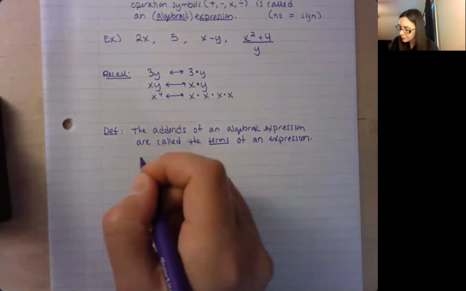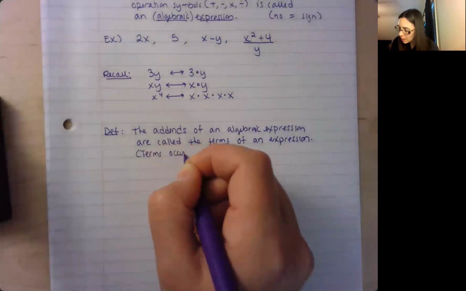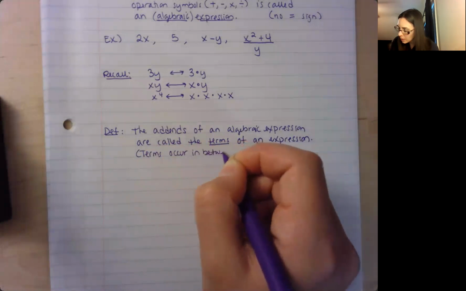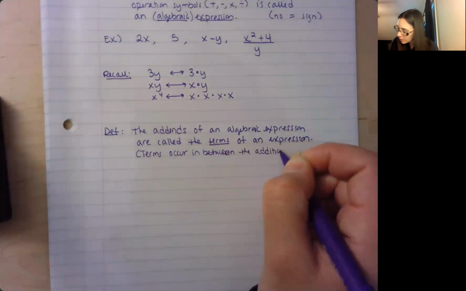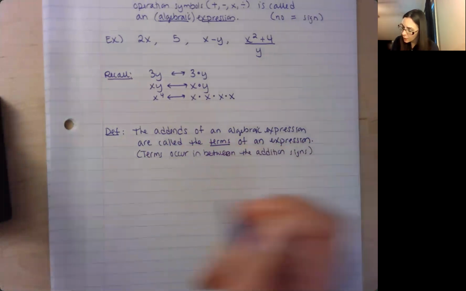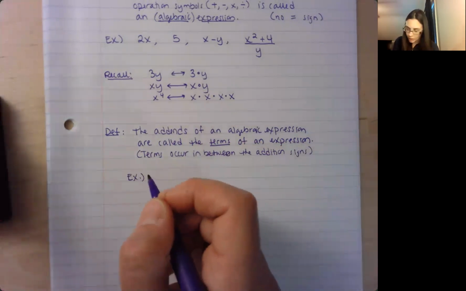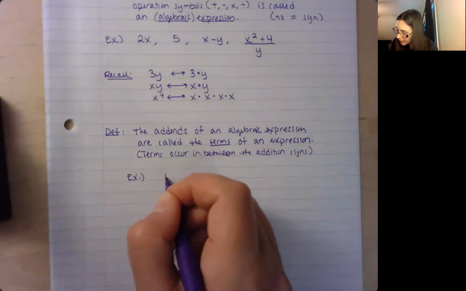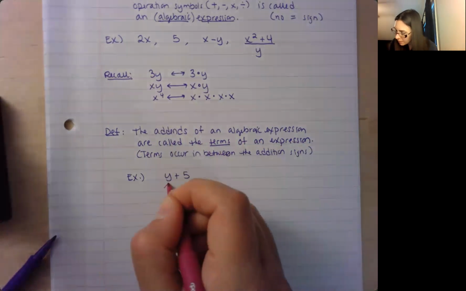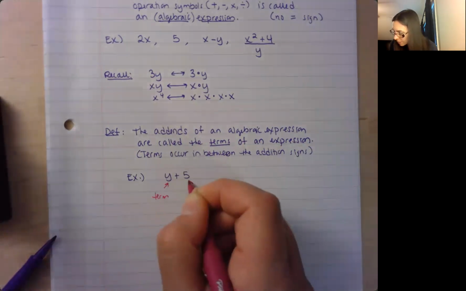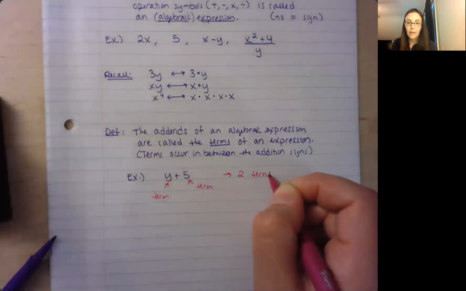So basically, terms occur in between the addition signs. So for example here, let's say we have the expression y plus 5. This is a term, and this is a term. So we say that this has two terms altogether.